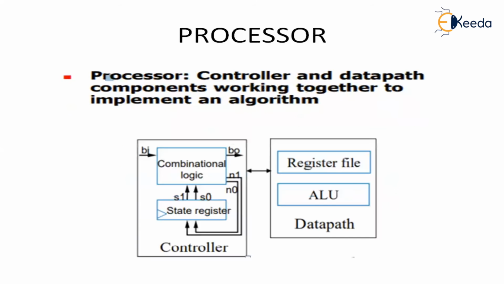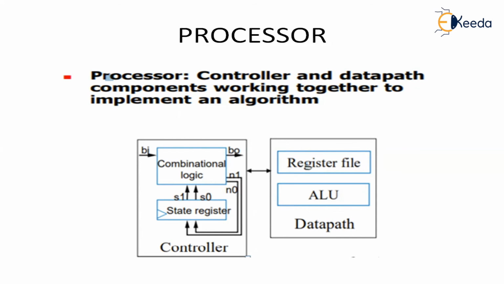So next thing that you must remember is, we have seen about the controller. It will have a state register and a combinational logic that will have an FSM also. And then we have seen about the data path. Data path will have a register file, ALU, and many other comparators, registers, and so on.